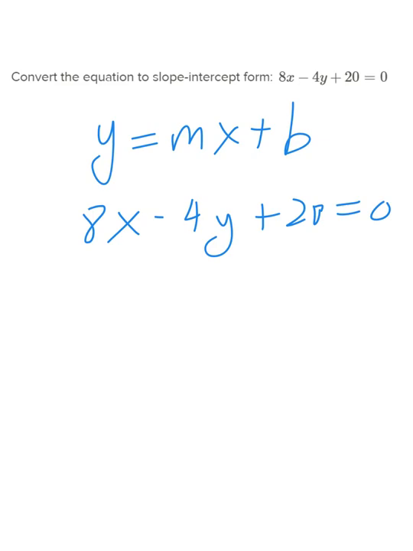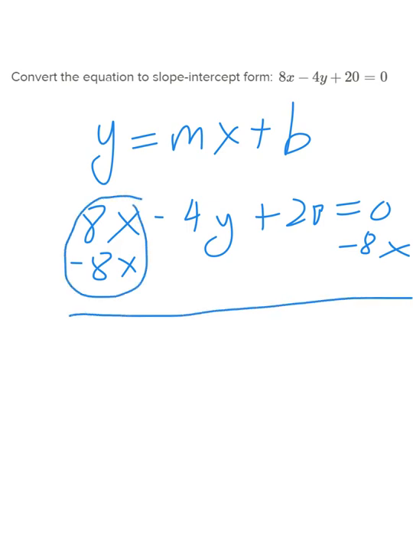The first thing I'm going to do is subtract 8x from both sides. So I get, be careful, this much is 0. And this is what I mean by being careful. This minus 4y, think of it as adding a negative 4y. So you get negative 4y plus 20 equals negative 8x.